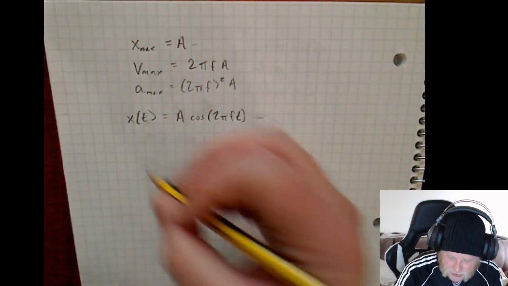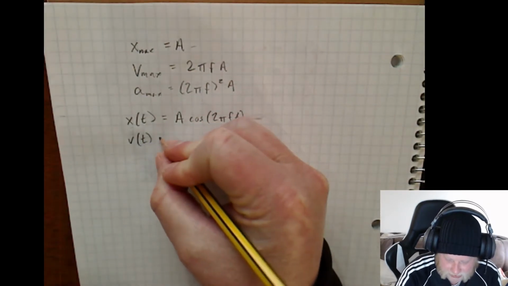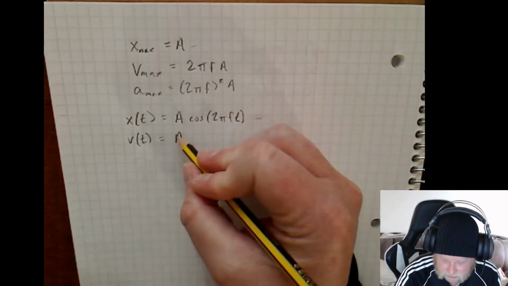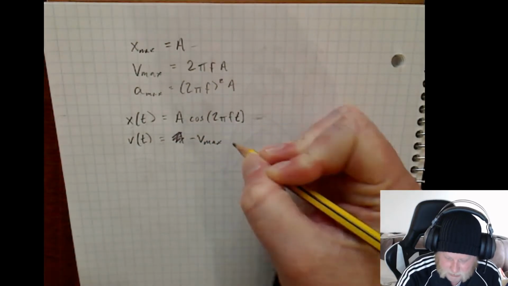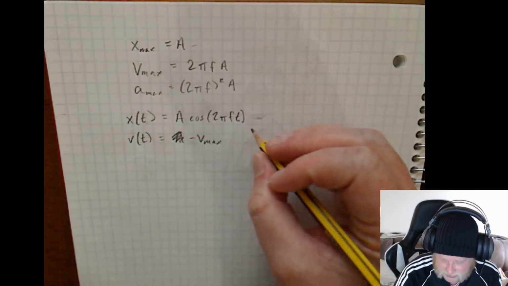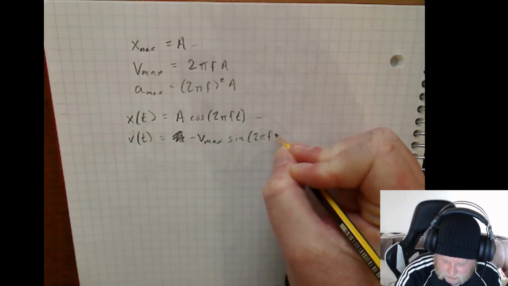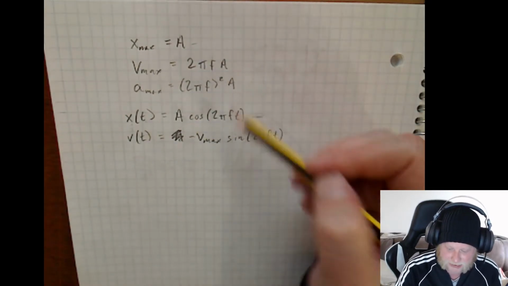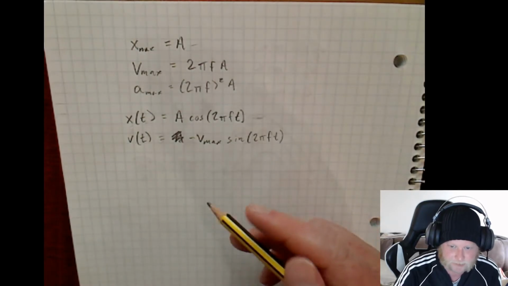But yeah. So then if we go even further, if you want to find your velocity as a function of time, it is equal to negative Vmax times the sine of 2 pi times frequency times time. So you take your Vmax, make it negative, sine 2 pi, frequency times time.